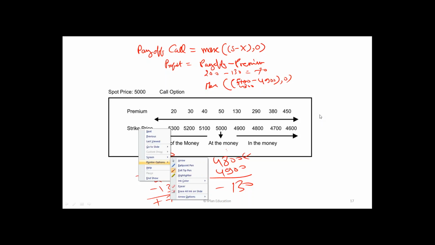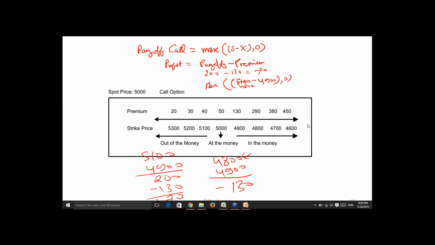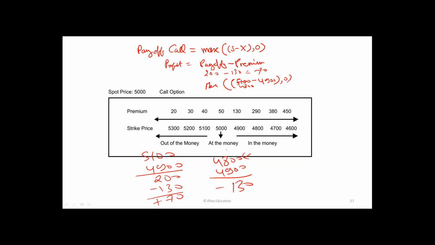Okay, we have a doubt here, from Garke. Hi, Praveen. I have a quick question. For call options, if the current market price is greater than say 5,000, which is my contract price, then it's in the money, right?